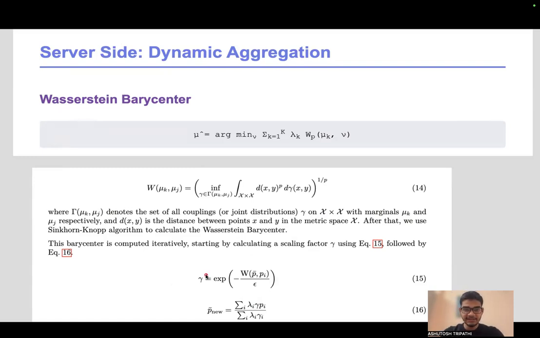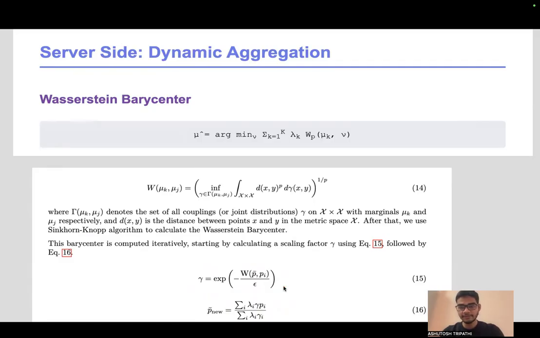So we calculate this scaling factor gamma using this Wasserstein distance between the current estimate and the probability distribution of the client weights, divided by this epsilon, that is for numerical stability, and again we calculate the new barycenter with the help of this gamma and this lambda factor, where lambda is the associated weight for each of the local model weights.